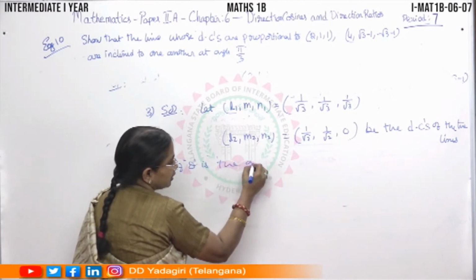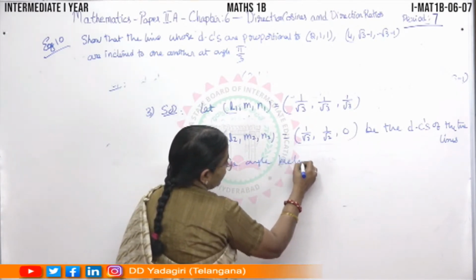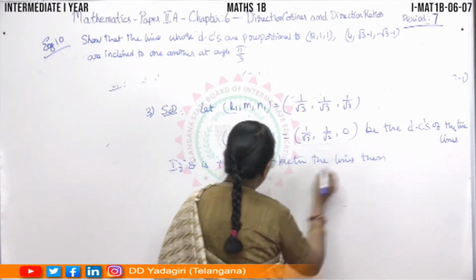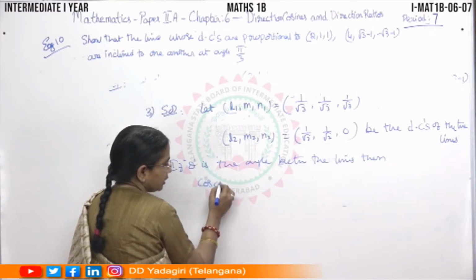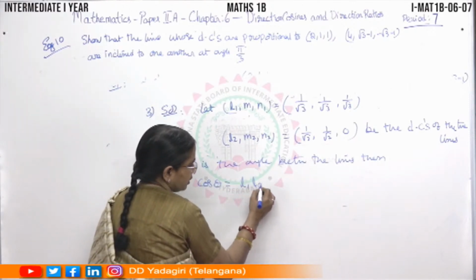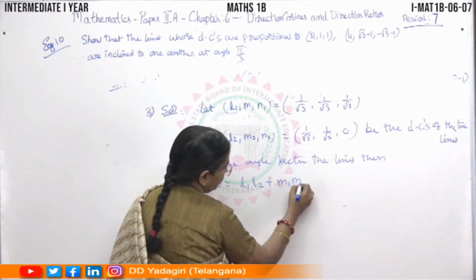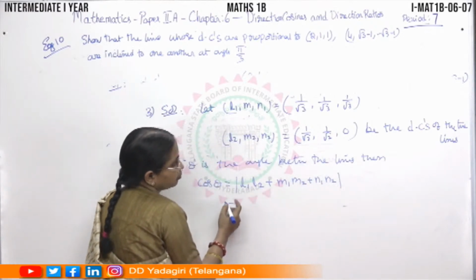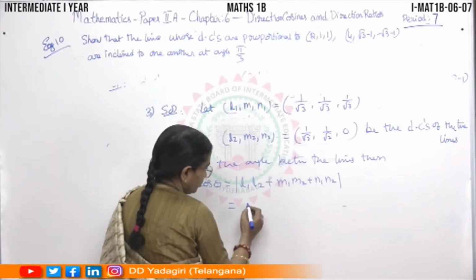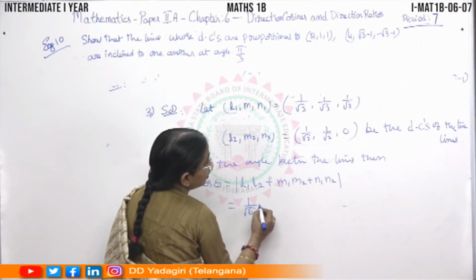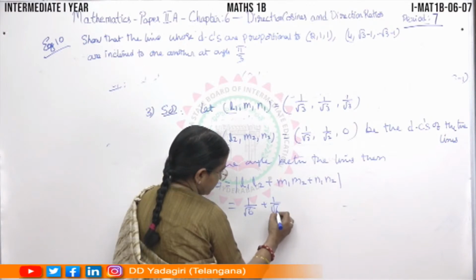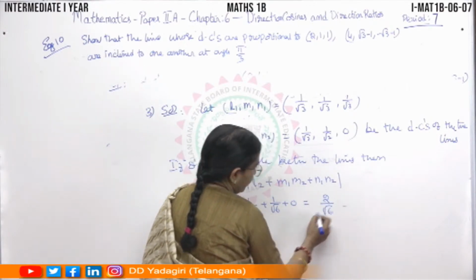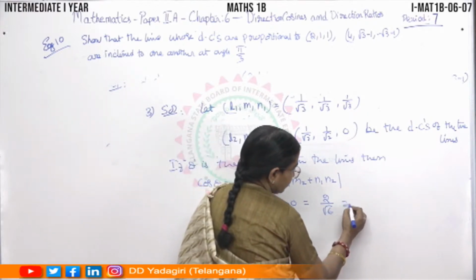If theta is the angle between the lines, then cos theta is what you are asked to find. So just write L1 L2 plus M1 M2 plus N1 N2, which is 1 by root 6 plus 1 by root 6 plus 0. So that is 2 by root 6.